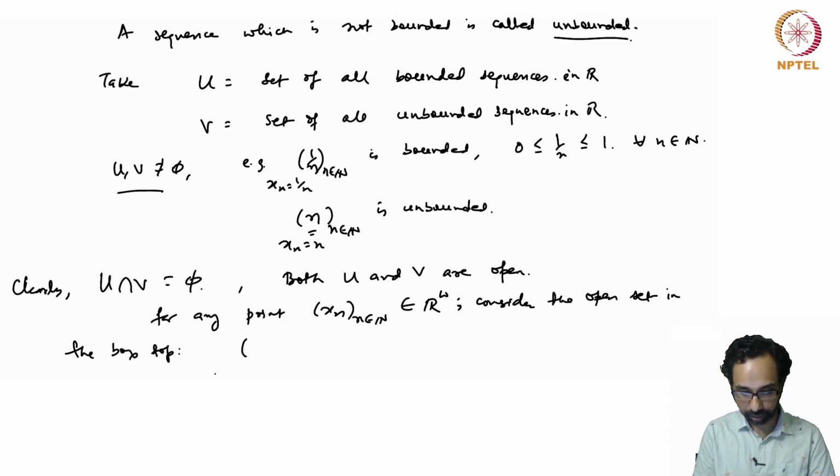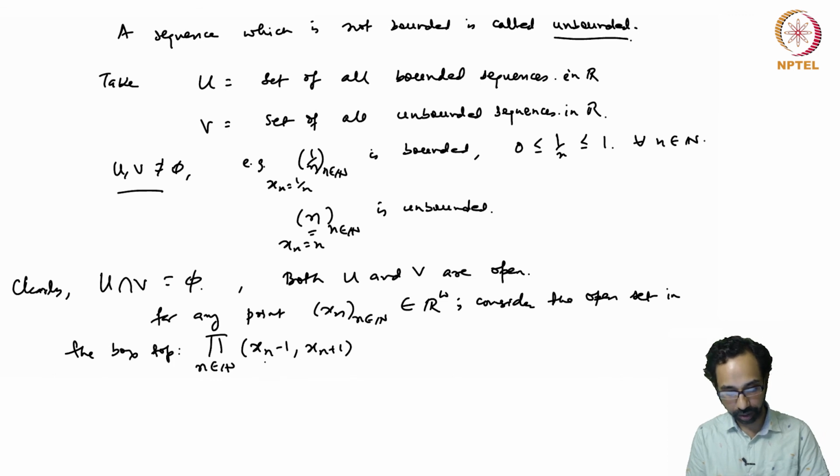given by the infinite product of the sets (x_n minus 1, x_n plus 1). So this is the open interval x_n minus 1 to x_n plus 1, and you take the infinite Cartesian product of such intervals.